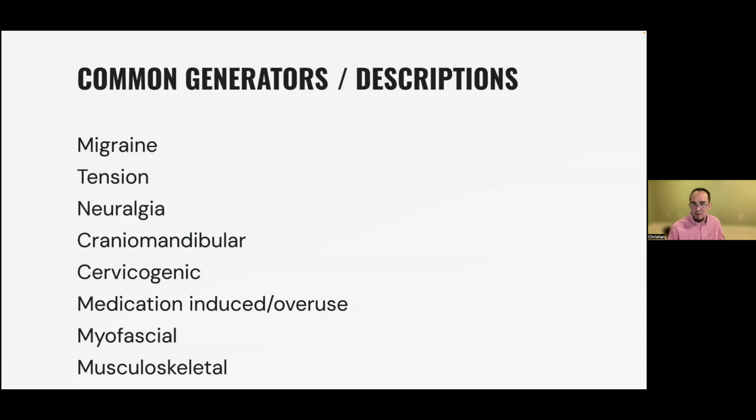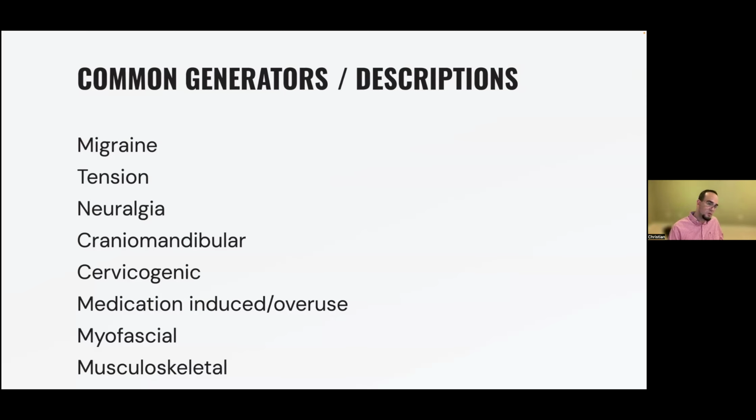Common pain generators and descriptions that patients use for post-traumatic headaches include headaches that may feel like migraines, accompanied by photophobia, phonophobia, and pain behind the eyes. They may get worse when interacting with others.